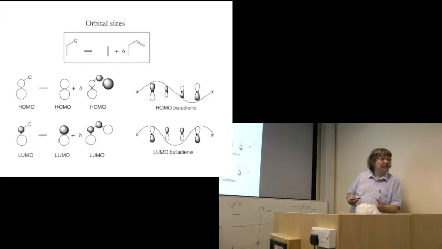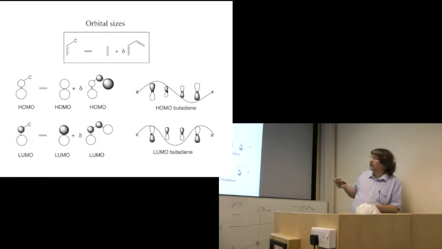It's perfectly rigorous. Okay. So if you look at the HOMO of butadiene, remember the node is here, then you can see that this carbon is a lot closer to a node than that carbon is. Therefore, the orbital on this atom is going to be rather bigger than the orbital on that atom.